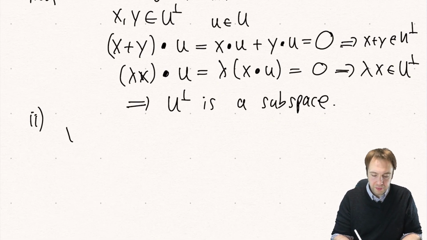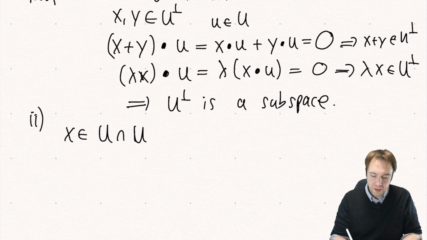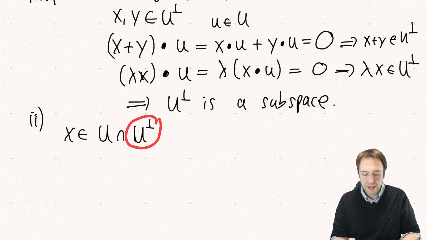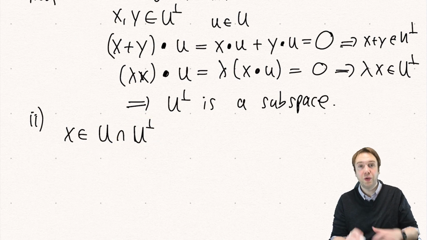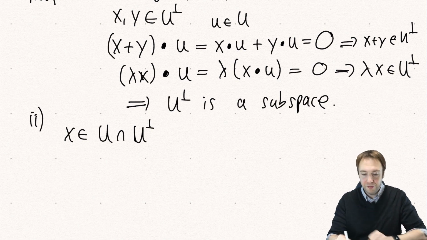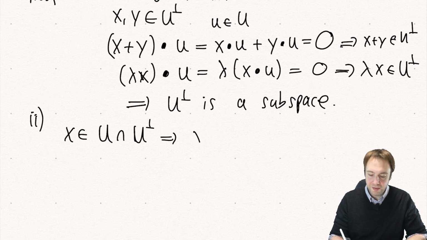And this is also easy to see, because let's assume I have an element x which is in U and in U orthogonal. Because x is in U orthogonal, it is orthogonal to any element in U, but because it's also in U itself, it's orthogonal to itself. So the dot product of x with x needs to be 0.